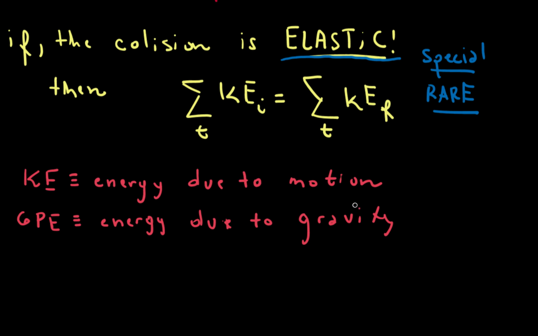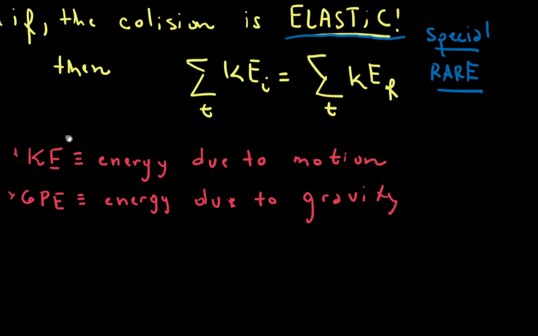Now, in this case, we've lost energy to some of the things we cannot track with an equation in this class. But these two will be things that we will be able to track in this class. And what I wanted to point out is that energy cannot be created or destroyed.